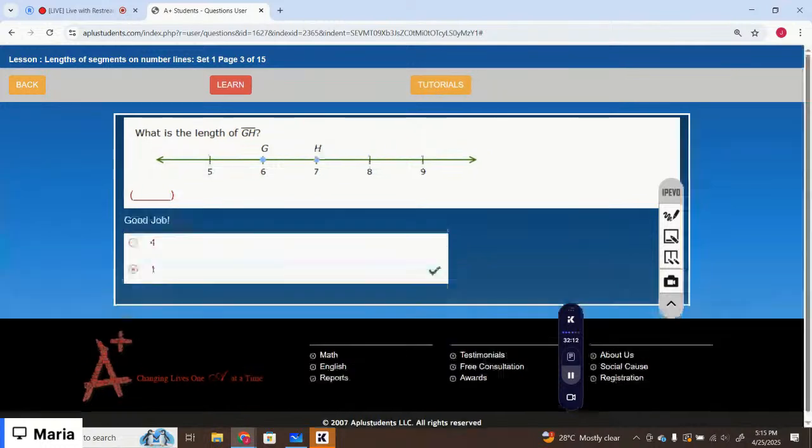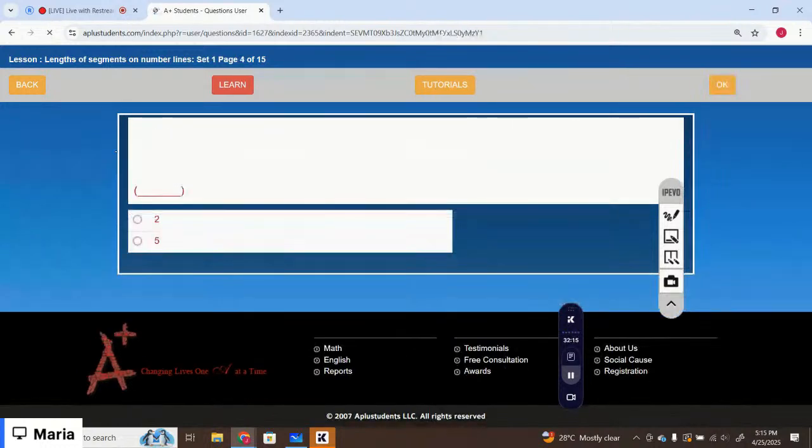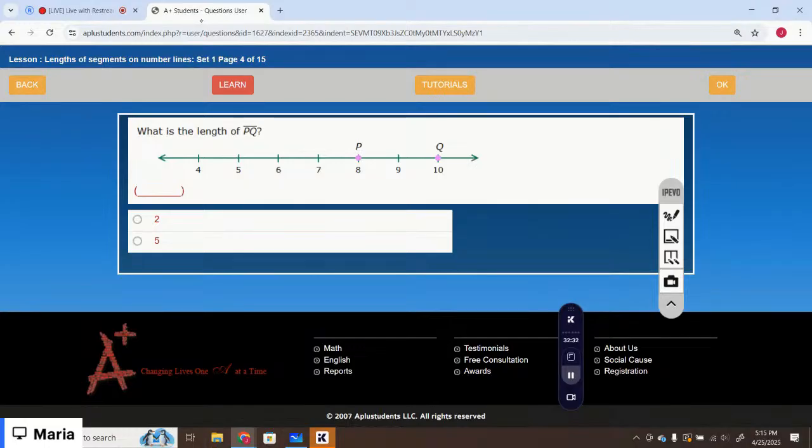The distance between G and H is 1. What is the length of PQ?